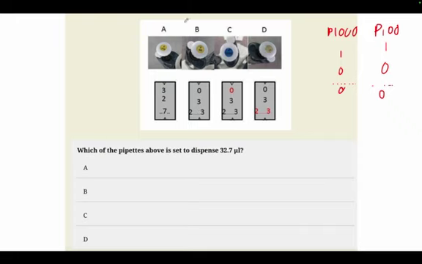So this is actually set at 32.7. This is set at 327. And this has a least count of P10, so this is set at 3.27. This is also set at 327. So the only pipette set at 32.7 is actually B.